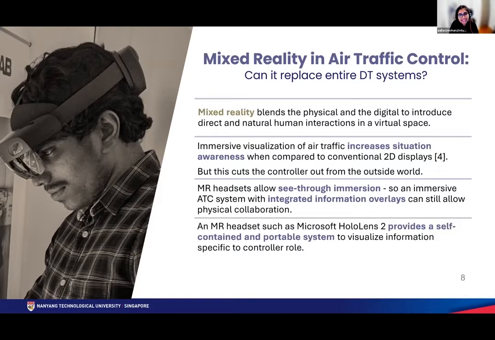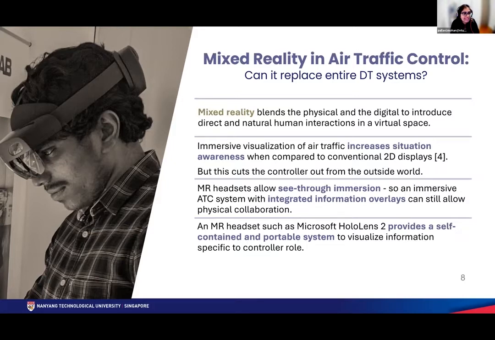A mixed reality headset such as Microsoft HoloLens 2 is a pioneering system that incorporates a mixed reality experience within an untethered headset. So this is the reason we employ Microsoft HoloLens 2. Moreover, it is designed for industrial applications and supports several integrated hardware sensors as well, unlike typical virtual reality headsets that are more geared towards gaming environments.